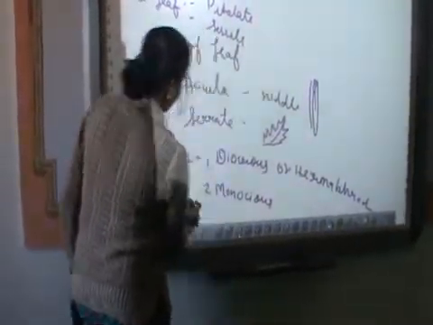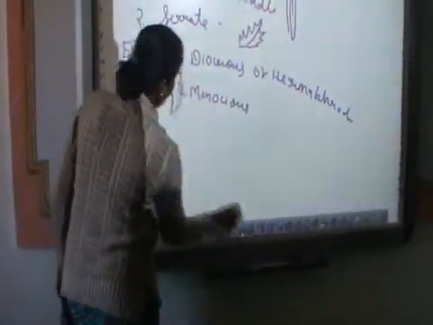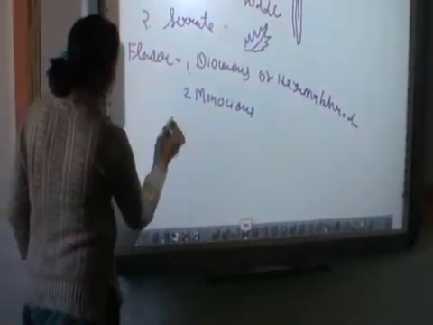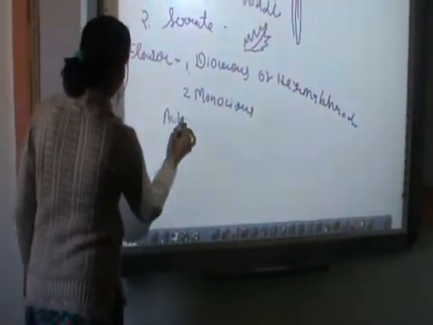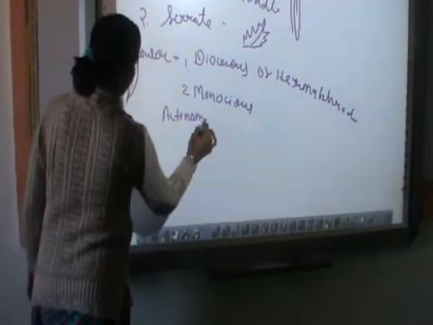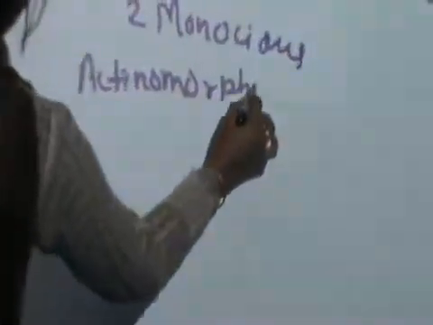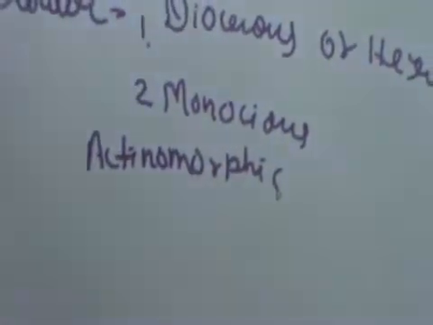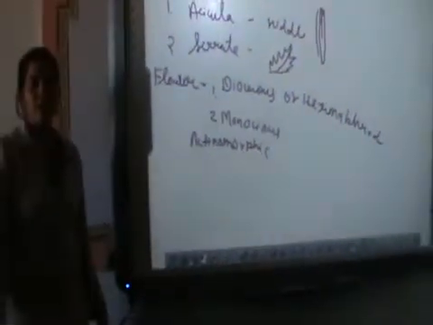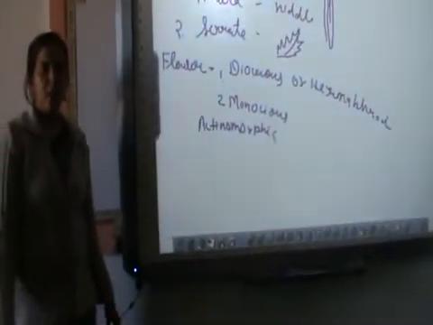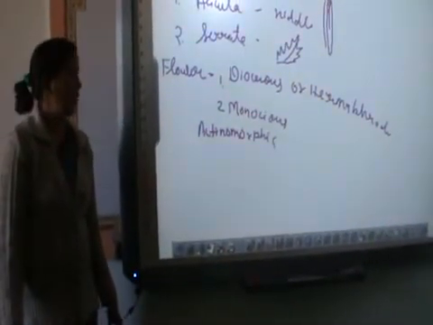Then actinomorphic and zygomorphic. When all the parts, that means calyx, corolla, androecium and gynoecium, are present, it is actinomorphic.